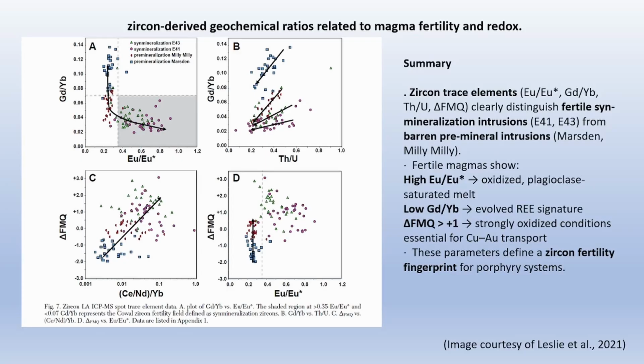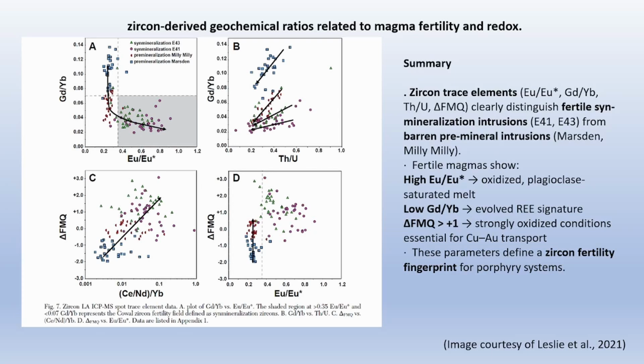And why does this matter? These plots don't just describe zircon chemistry, they offer a toolkit to assess fertility in porphyry systems. We can use gadolinium/ytterbium versus europium ratios to find evolved, oxidized melts.